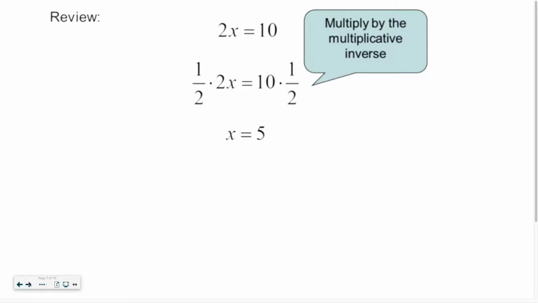Someone else gave me 1/2 was the multiplicative inverse of 2. I think Dylan gave that to me before. And why was that the case? Because 1/2 times 2 was 1 and gave me the identity. Now, we usually don't write the identity out, right? There really is a 1 right there representing the identity for the product of the inverses. But then we get our solution.